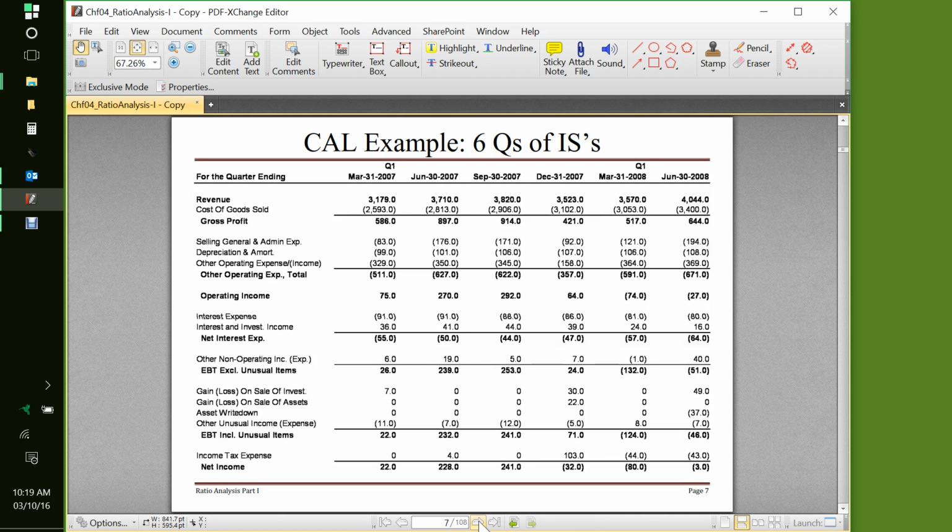Okay, so each column is an income statement for one quarter, and the most recent quarter reported is on the right. The oldest quarter, the most distant in history, is all the way to the left. And that's a convention we're going to use throughout this chapter and is very commonly used throughout all of finance.